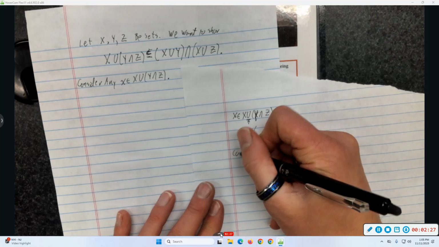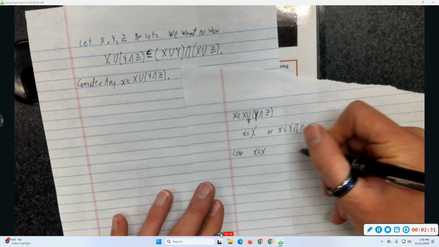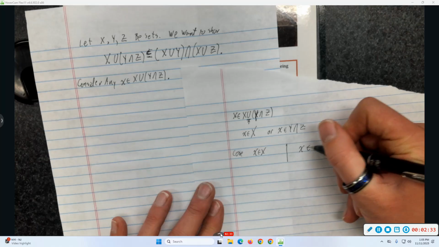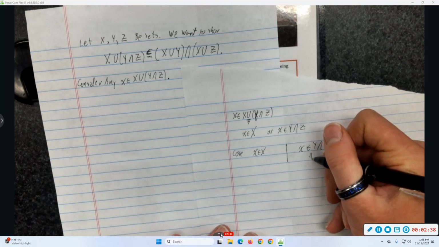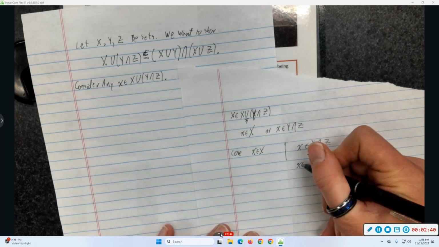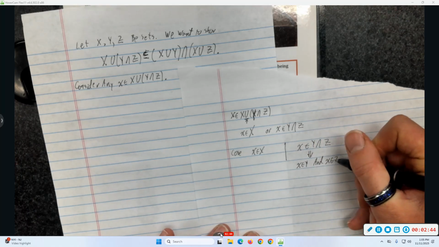I think there will be two cases to worry about. Either x is in X or x is in Y intersect Z. In the second case, we'll get x is in Y and x is in Z.